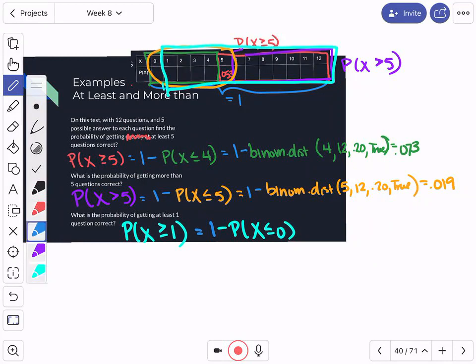But in this one, you would just do 1 minus binom.dist, 0, 12, 0.2. You can do true or false. I would keep it with true because you're calculating at least, and at least is always going to be a true type of problem.